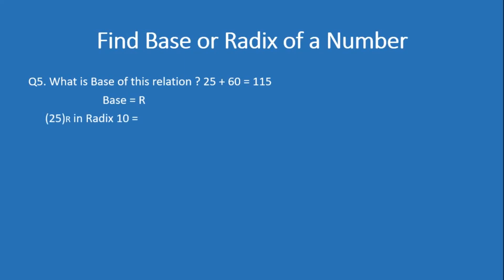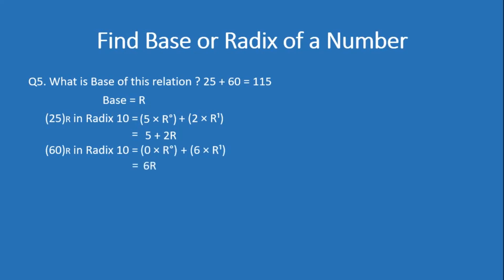So 25 in radix 10 will be 5 multiplied by r to the power 0 plus 2 multiplied by r to the power 1. That is equal to 5 plus 2r. Now the next number 60 in radix 10 will be 0 multiplied by r to the power 0 plus 6 multiplied by r to the power 1.